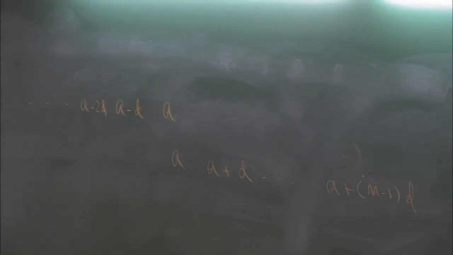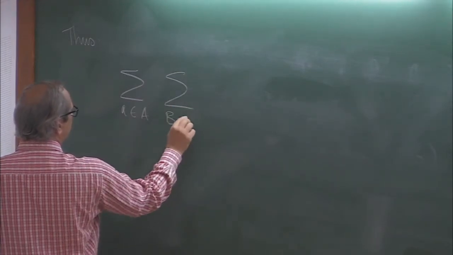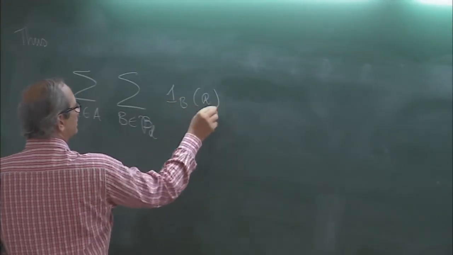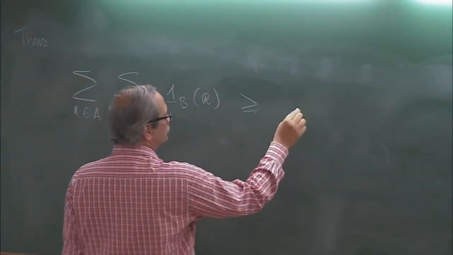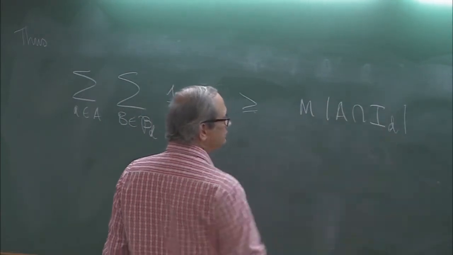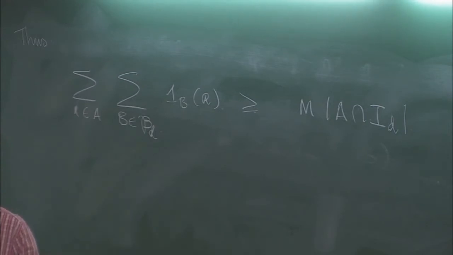Therefore, it follows that this sum is greater than or equal to, thus, sigma a in A, sigma B in beta d, 1_B of a is larger than or equal to m times the cardinality of A intersection I_d.